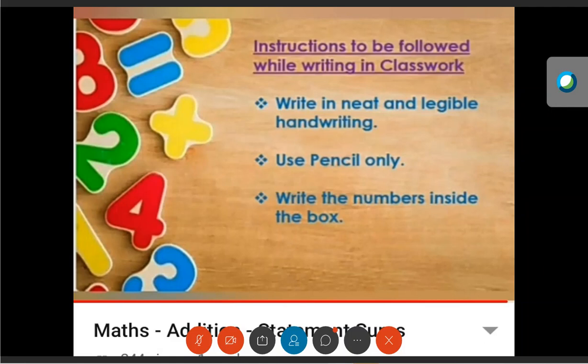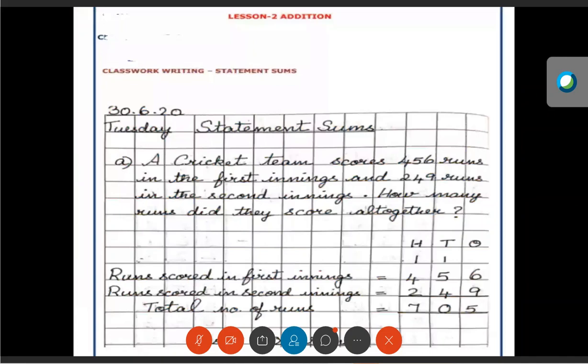Next, we will go to the statement sum. First, you have to read the sum.